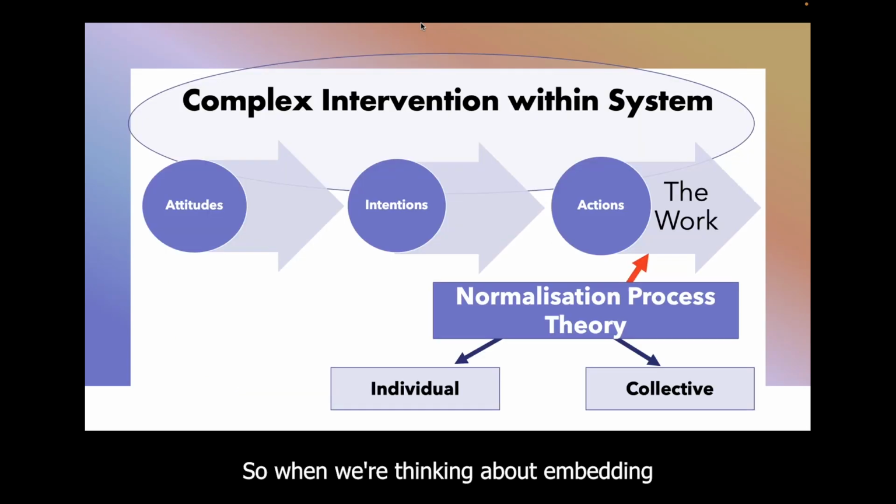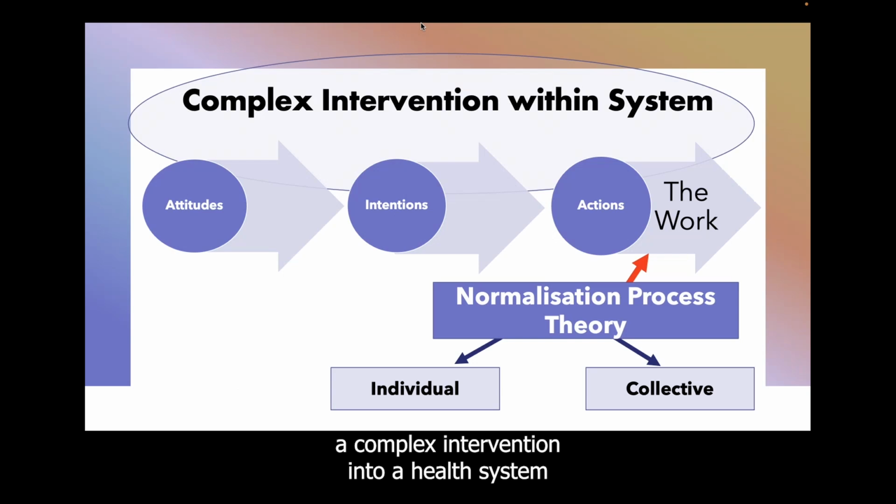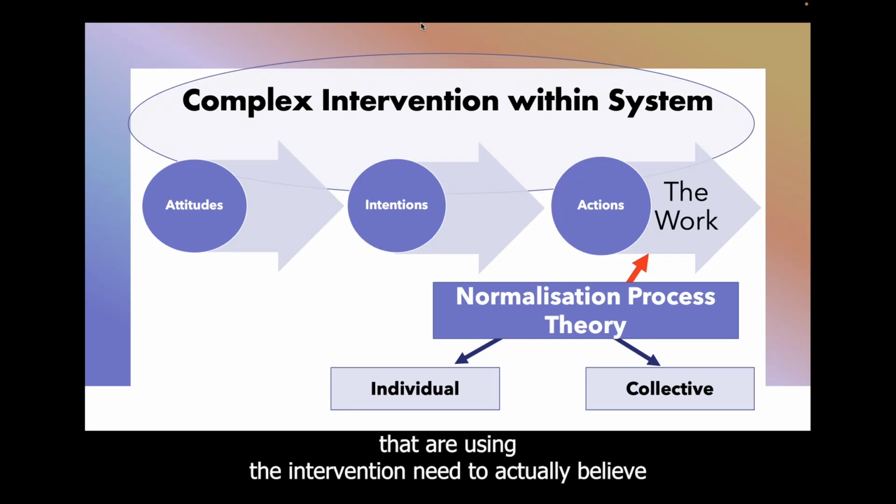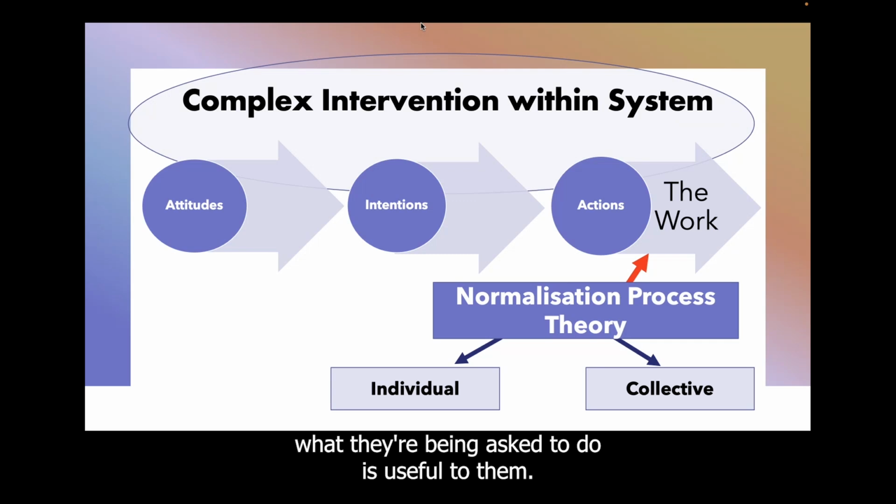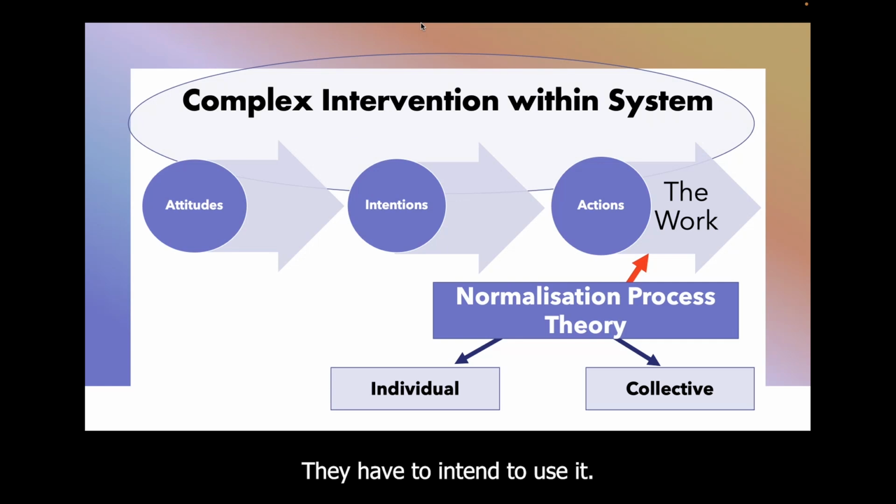So when we're thinking about embedding a complex intervention into a health system, there's really 3 components involved. The people that are using the intervention need to actually believe what they're being asked to do is useful to them. So that's got to do with their attitudes to the intervention. They have to intend to use it.